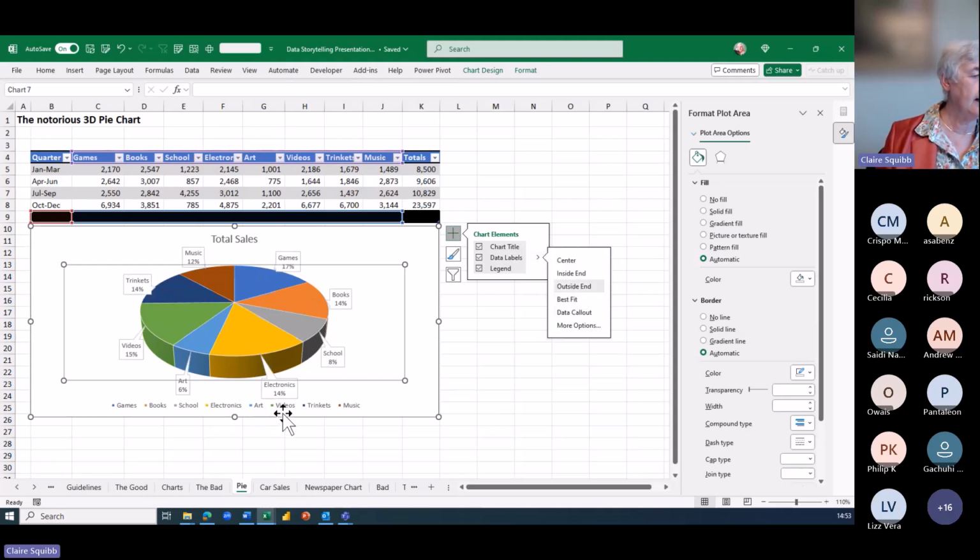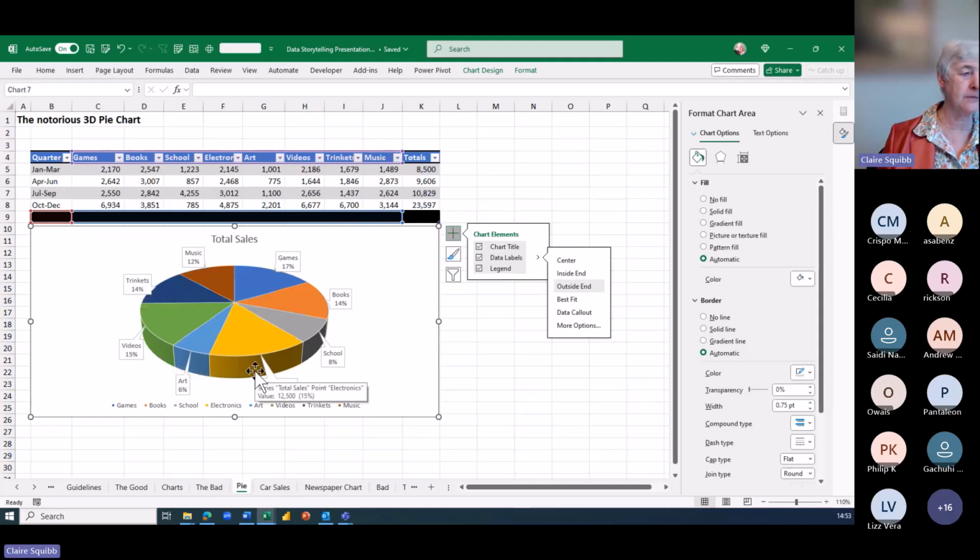You'll see electronics is 14%, games is 17%, videos is 15%, trinkets is 14%, which is the same size as electronics. So the dark blue and the yellow are the same size, and the orange.